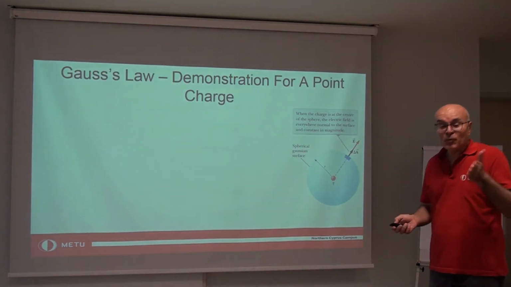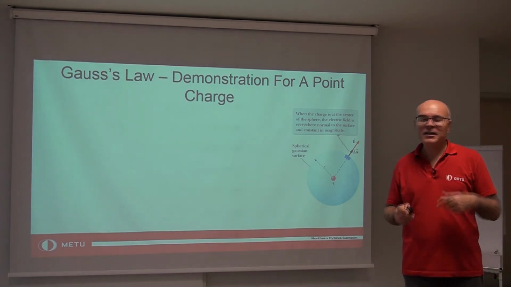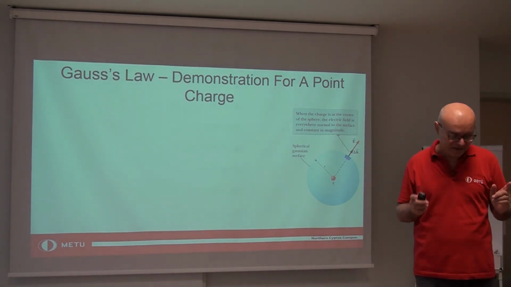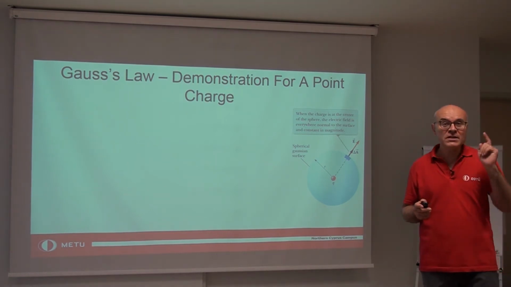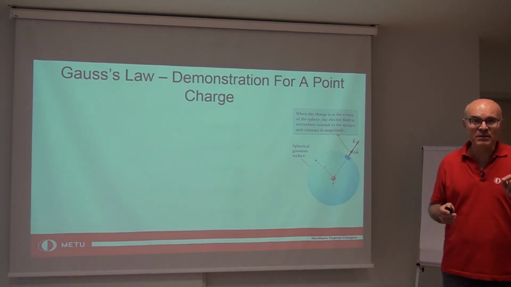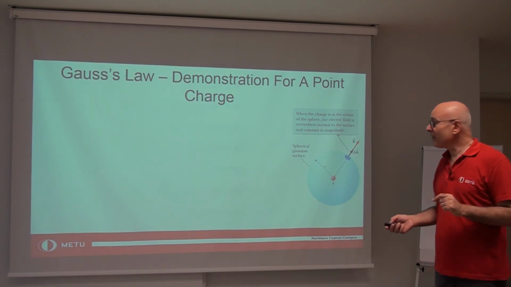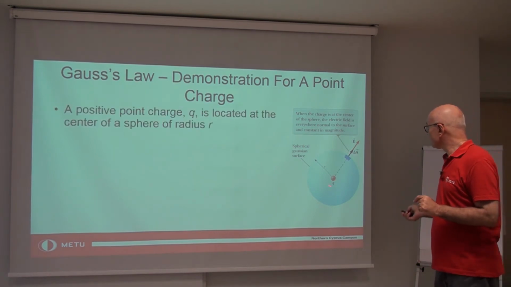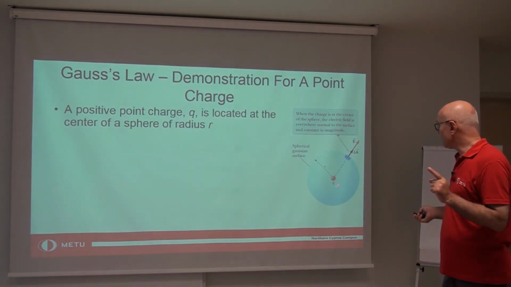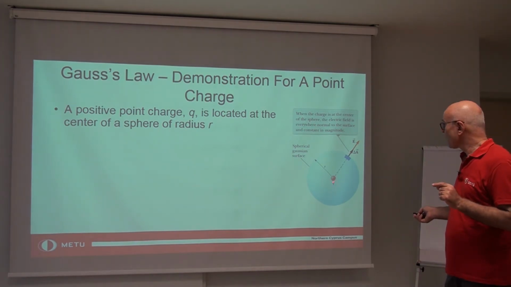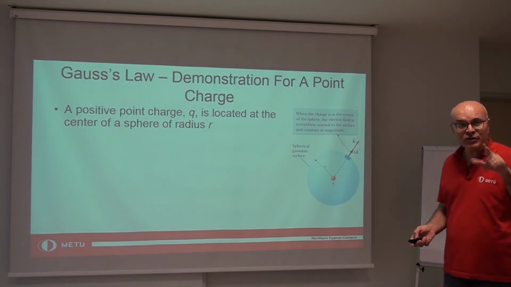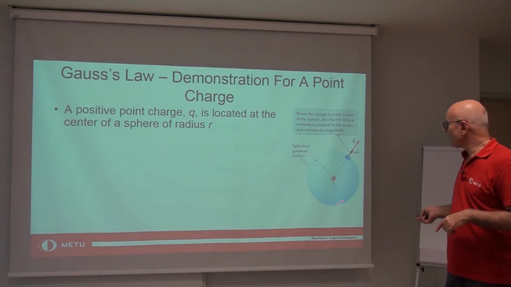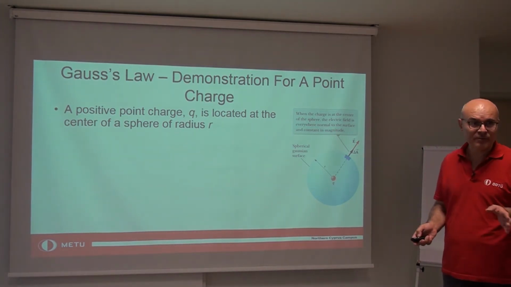Now let's prove, or more precisely demonstrate, that Gauss law is true quantitatively by considering a specific example. Our example will be a single positive electric charge, and we will consider as our Gaussian surface a sphere centered at the charge.